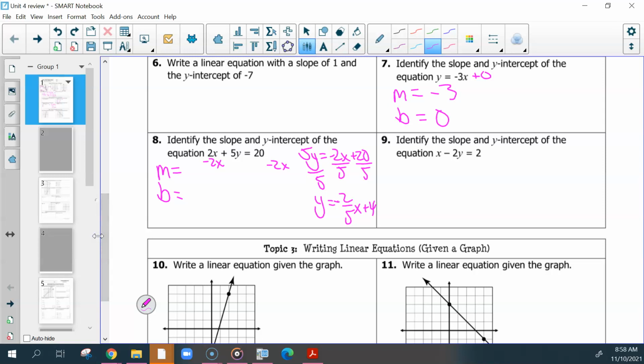So now that it's back in slope-intercept form, what is our slope? 4. For our slope is -2/5, for our m. And then 4 is our b, our y-intercept.